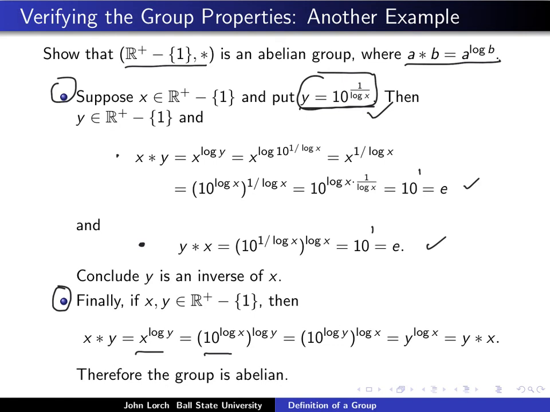And now we apply this property of exponents to say that that's really the same as 10 to the log y to the log x. But that's just y to the log x, which is y star x. And hence, x star y and y star x are the same. And we conclude overall that this set with this operation is an abelian group.